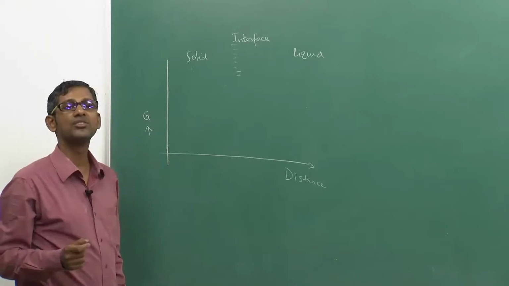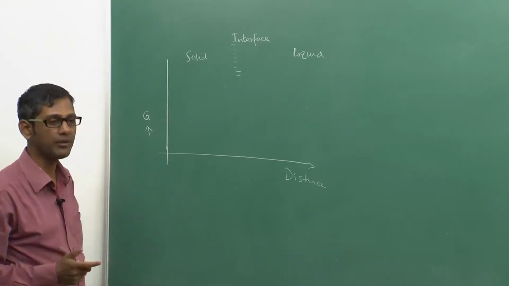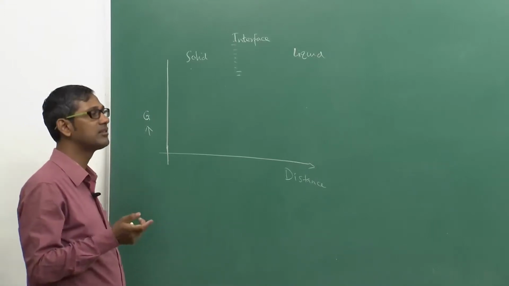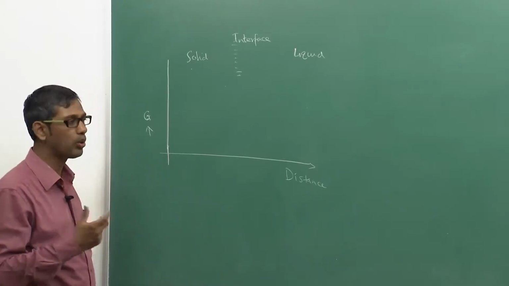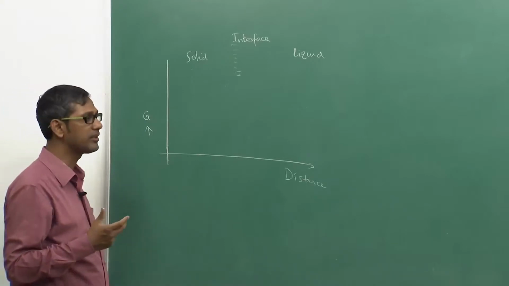Remember, atoms in the solid are in an ordered manner, so most of their bonds are satisfied. Therefore the potential, meaning the energy, of the atom is low compared to the liquid. In the liquid, atoms move haphazardly, so bonds are not satisfied.